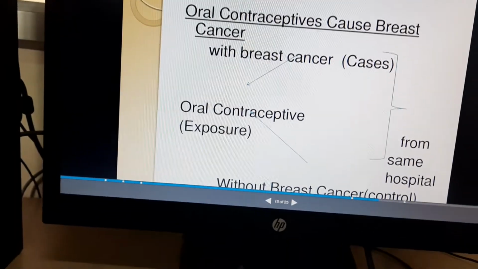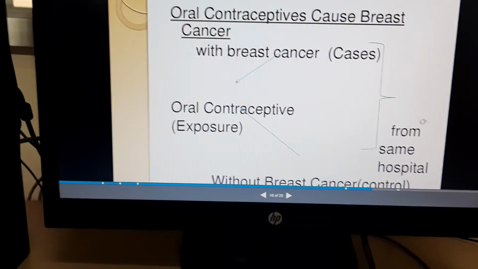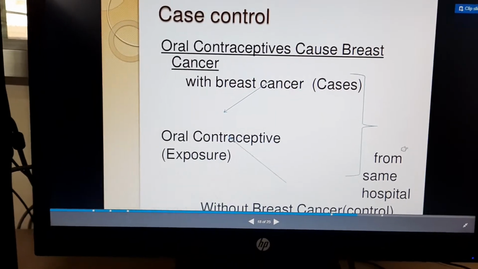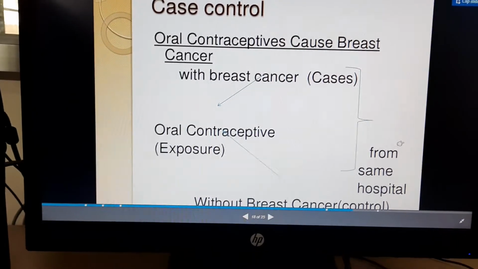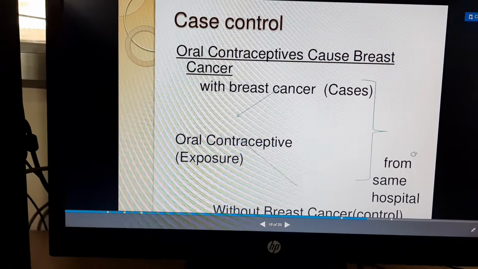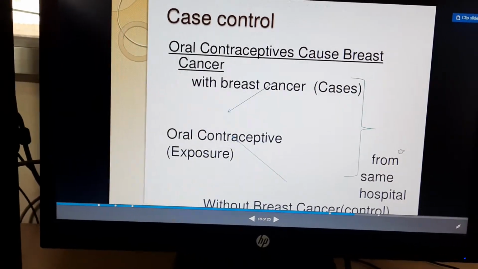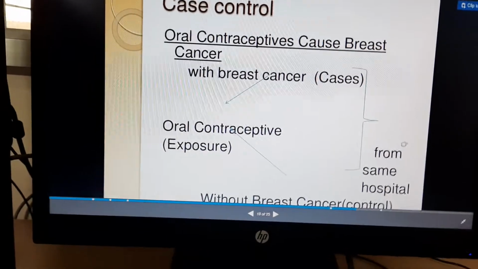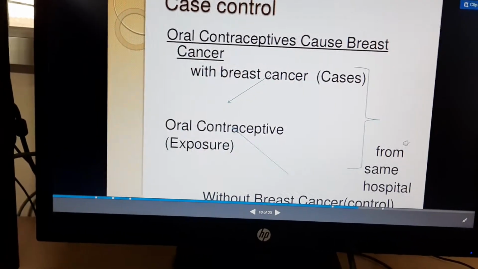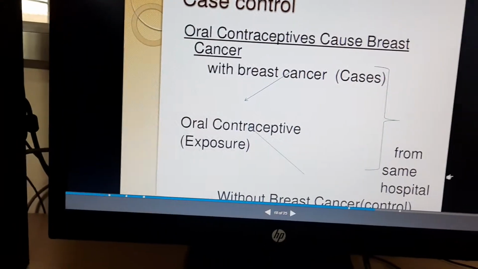Same thing, the controls are persons without the disease, without breast cancer, who are not taking oral contraceptives. From the same hospital we take this study, those who take oral contraceptives for a long time and those who do not.